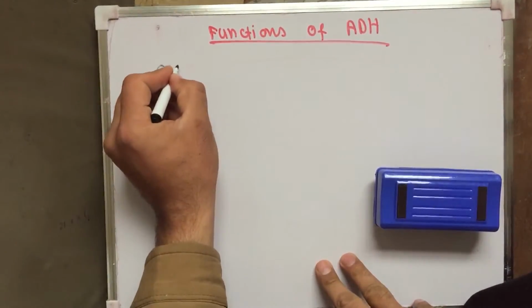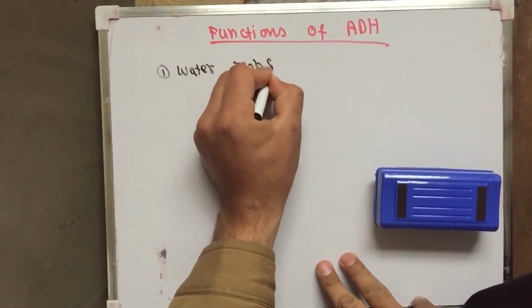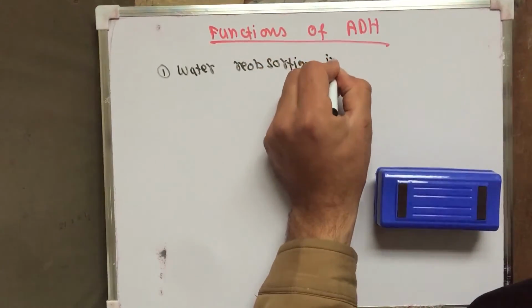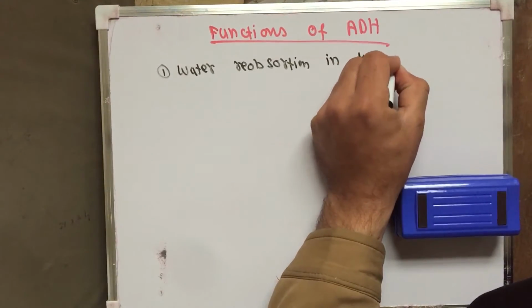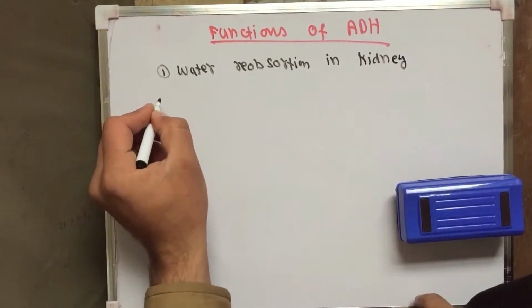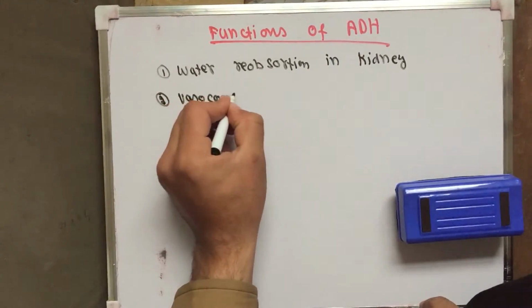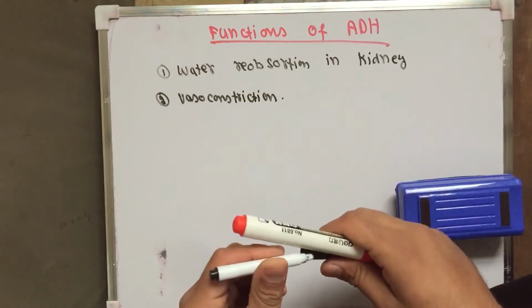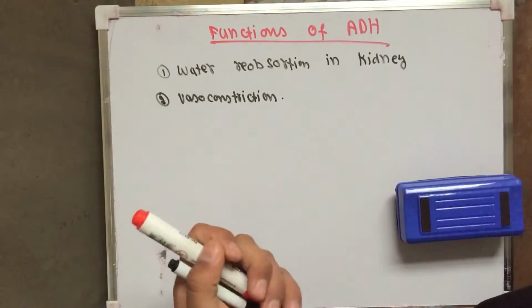Number one is water reabsorption in the kidney, or from the kidney to the blood vessels. Number two is vasoconstriction. These are the two functions of the antidiuretic hormone.